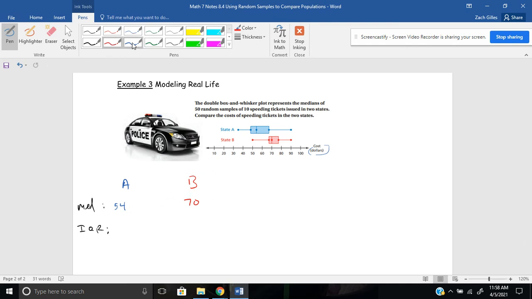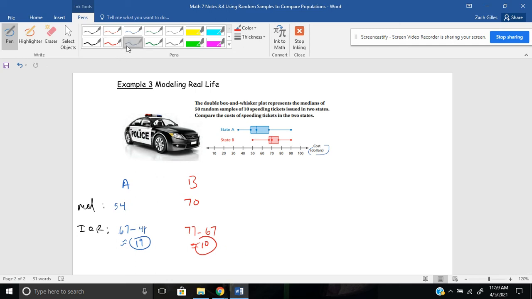The interquartile range looks like we have about 67 minus about 48, it's close, to give me about 19. And for state B, I have about 77 minus, let's call that 67, about 10. Doesn't have to be exactly that if you can't quite tell, but I'm just kind of getting close there.